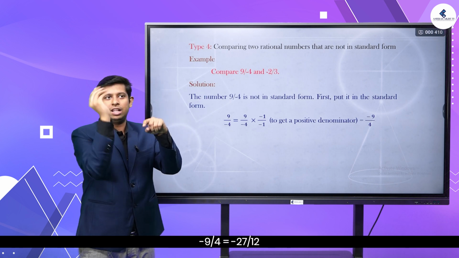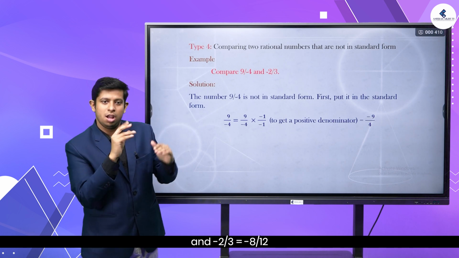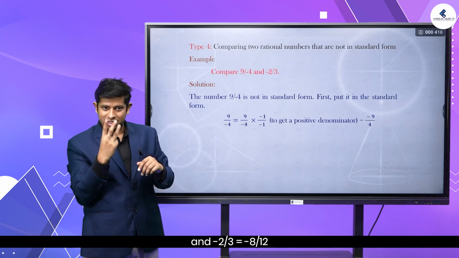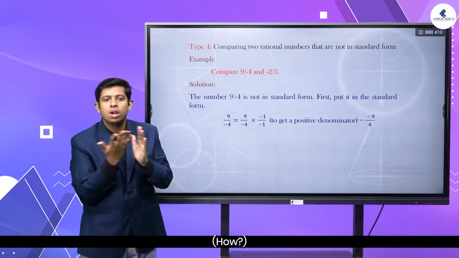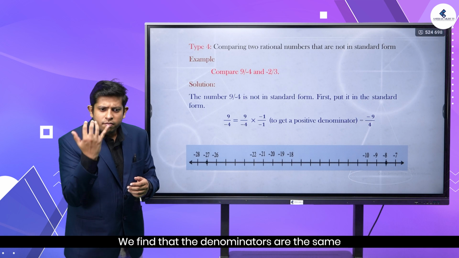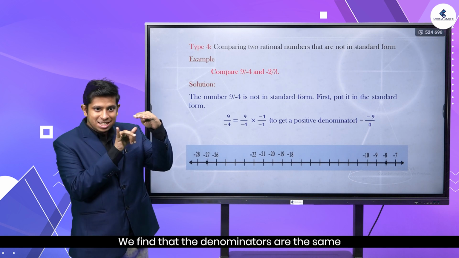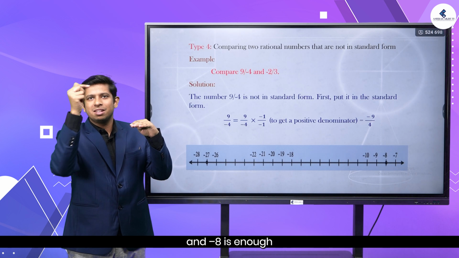Minus 9 by 4 is equal to minus 27 by 12 and minus 2 by 3 is equal to minus 8 by 12. How? We find that the denominators are the same, and so just comparing the numerators minus 27 and minus 8 is enough.